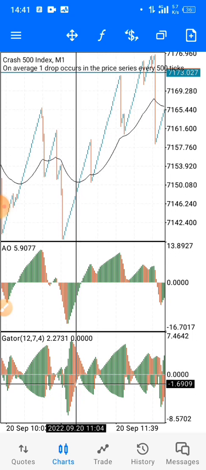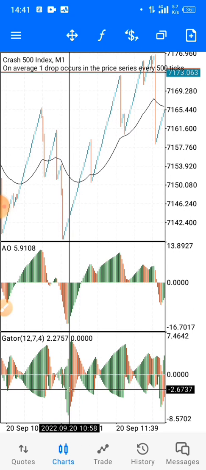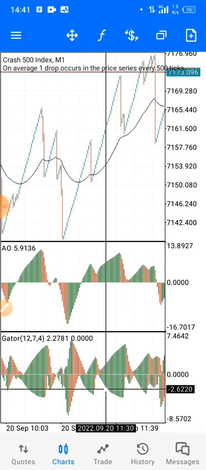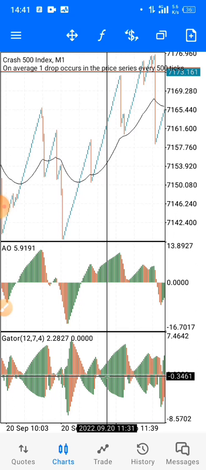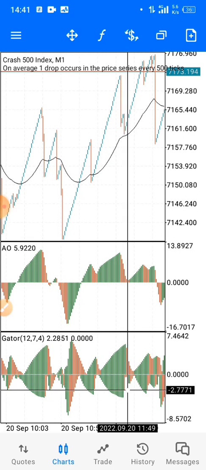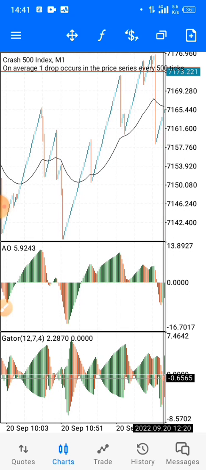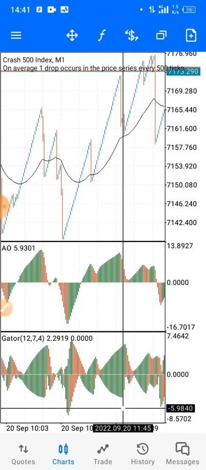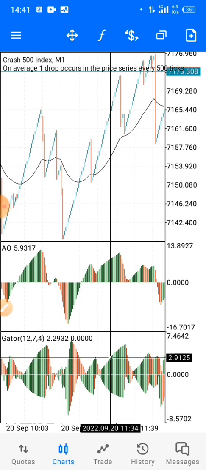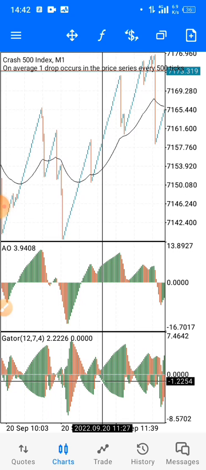Then for the Gator Oscillator, it has 2 segments, as in this 0 level here separates the upper segment and the lower segment. We only enter when both of the segments, the upper and the lower, are showing green, either for sell or for buy.